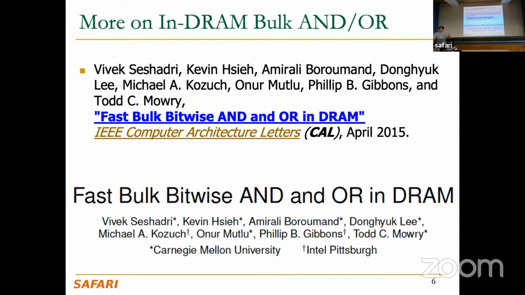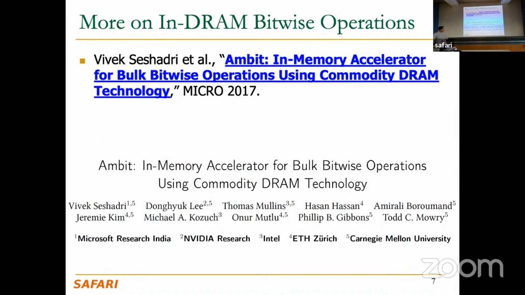It's possible to do other operations, bulk bitwise operations, such as AND and OR in DRAM. That's what the Ambit paper proposes, and also NOT, taking advantage of majority operations. In this paper, they use majority operations to implement AND and OR. They also propose a modification to the DRAM subarray in order to include rows of dual contact cells that allow us to perform the NOT operation.